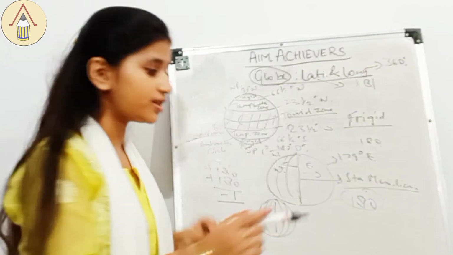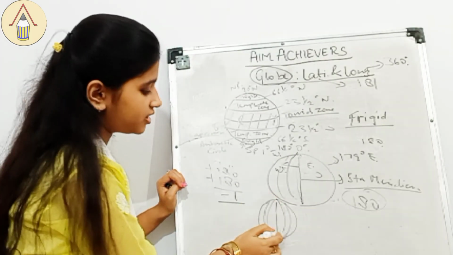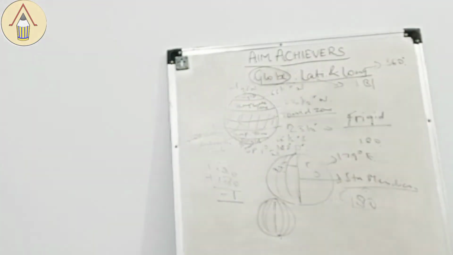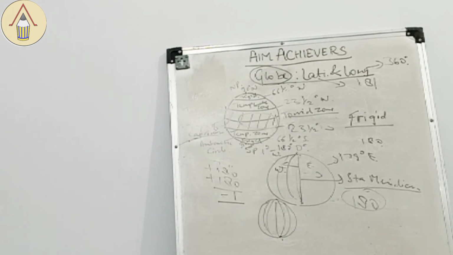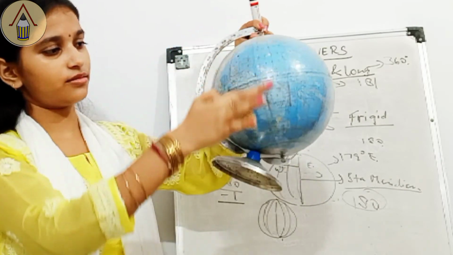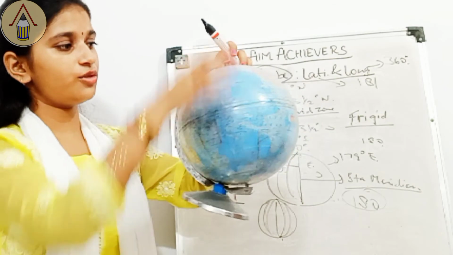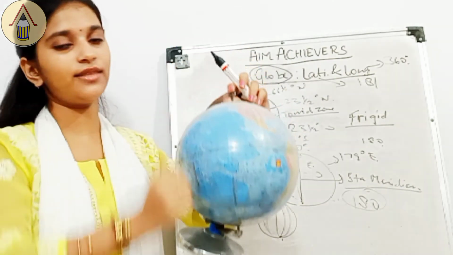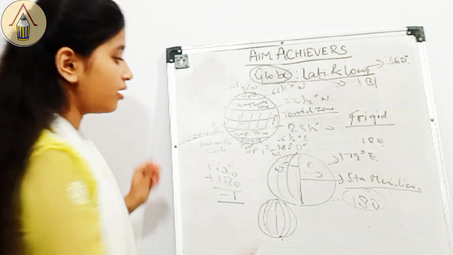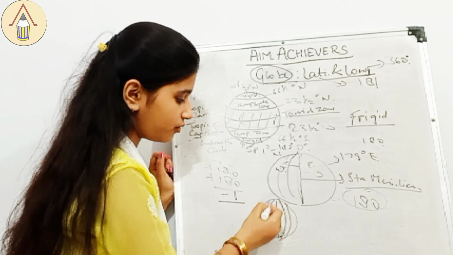Similarly, in longitude, each starts with North Pole, ends at South Pole. If you take this line, one longitude, second longitude, each if you cut it will be the same length. The length of each and every longitude is always the same.